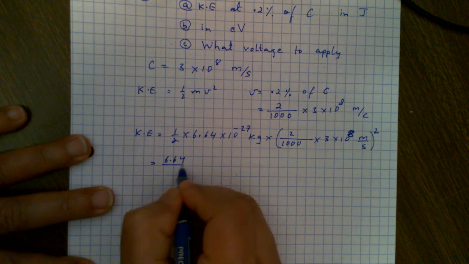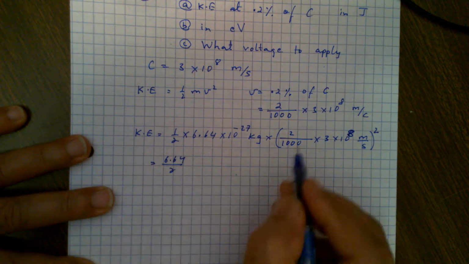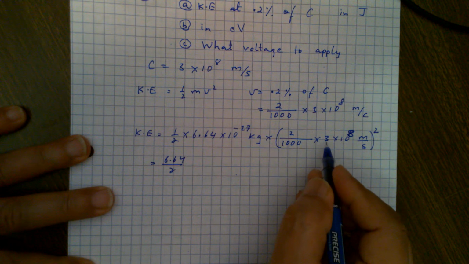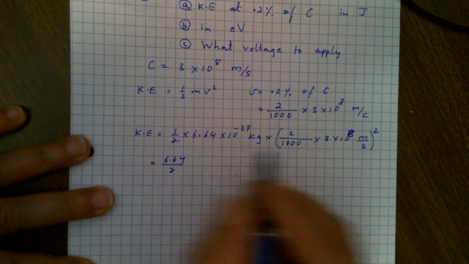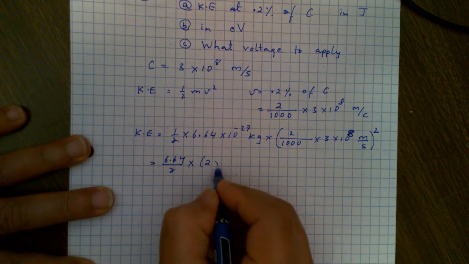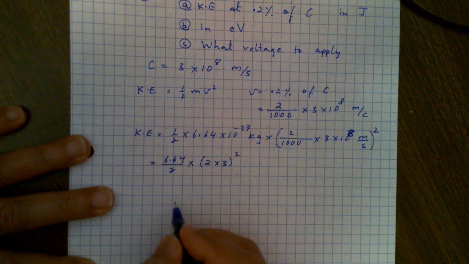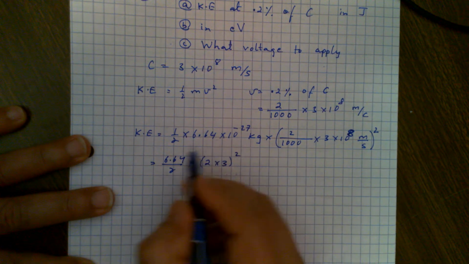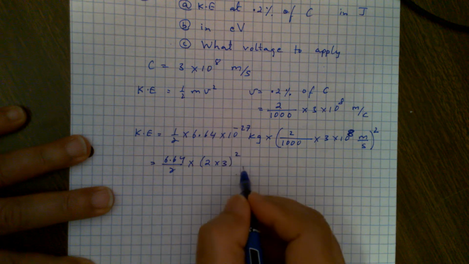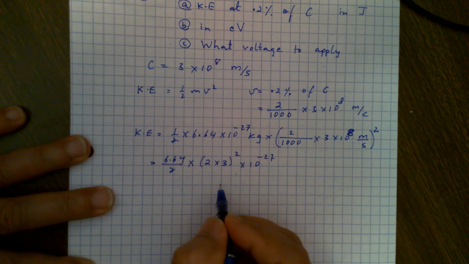6.64 divided by 2, that's these numbers. And then I have 2 and 3. So 2 times 3 is 6. I can write it down, just to not confuse you. 2 times 3, and don't forget, it's squared. Then I can write down all these exponents. 10 to the power negative 27.